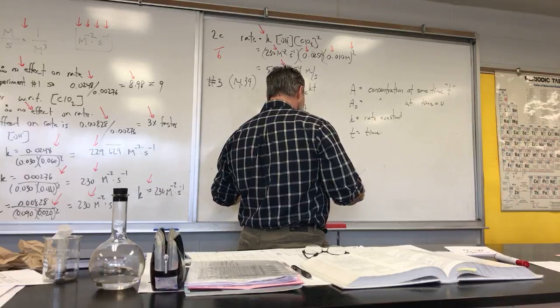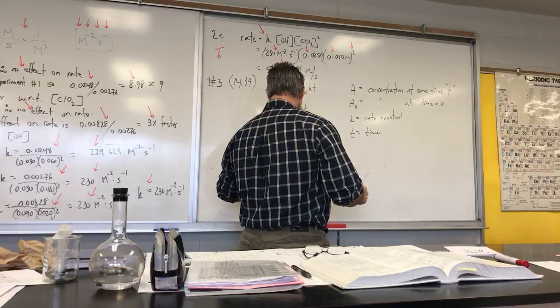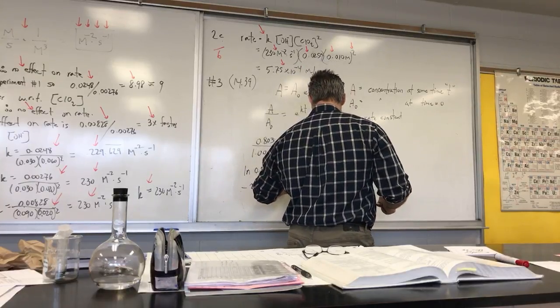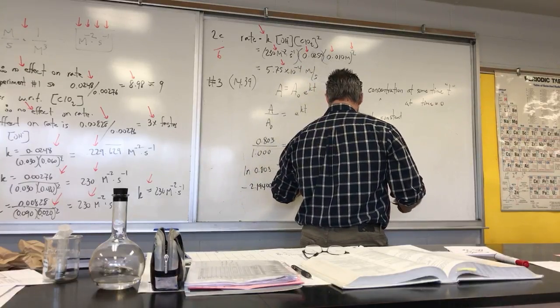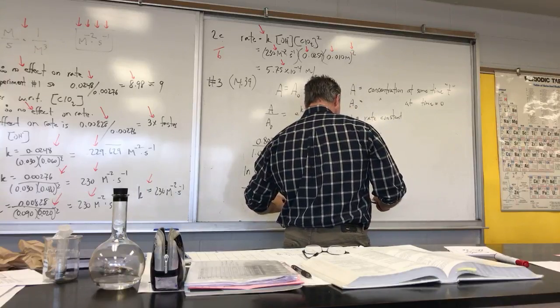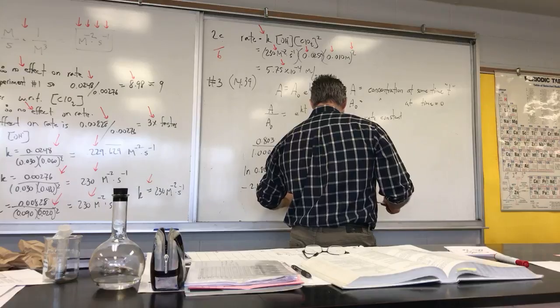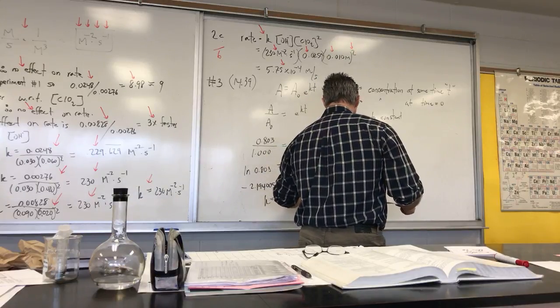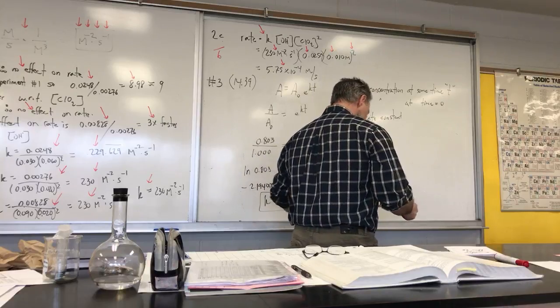It's negative 2.19005 times 10 to the minus 1, and that equals 10,000 k. So k ends up being negative 2.19 times 10 to the minus 5 seconds to the minus 1 after significant figures.